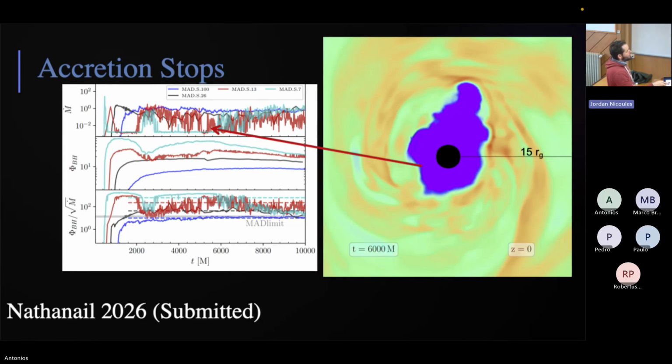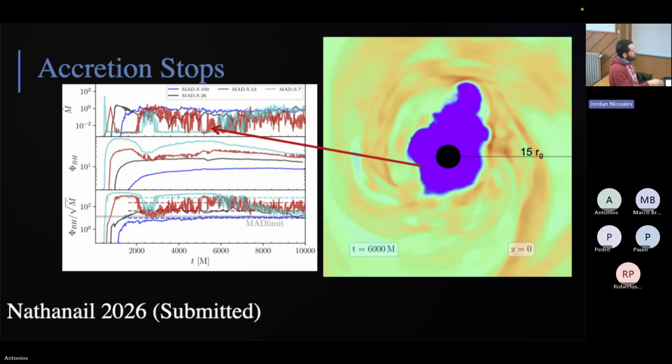Here, the first row is the Mdot, and for 3000 M, this cyan color here, you see that you have a minimum in Mdot. So very little plasma is trying to reach the event horizon. So you integrate at the event horizon how much plasma flows inside, and you see that you have a minimum.